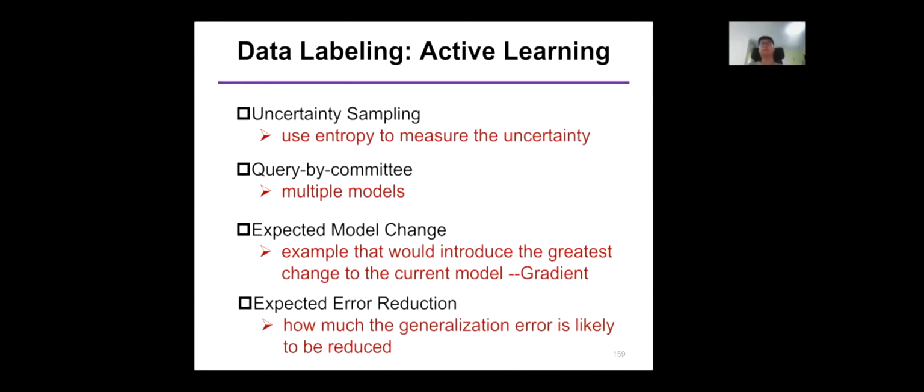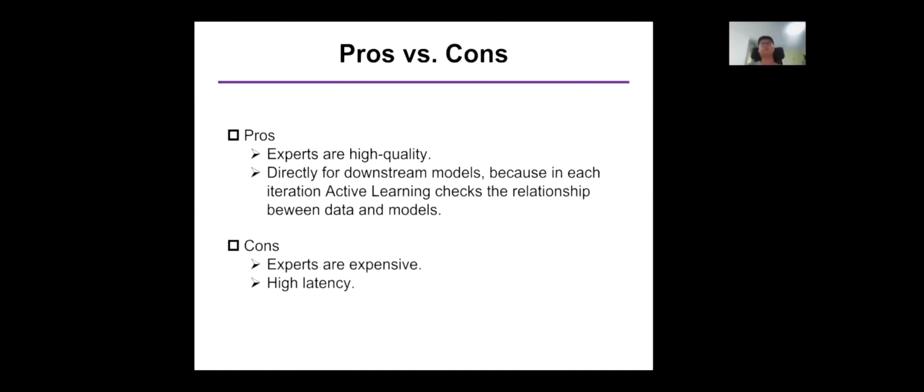Then following the expected model change, it selects the example that would introduce the greatest change to the current model. The change is measured by the gradient. And the last one is similar to the third one. It measures how much the generalization error is likely to be reduced by a certain example, and chooses the example that can reduce the generalization error most.